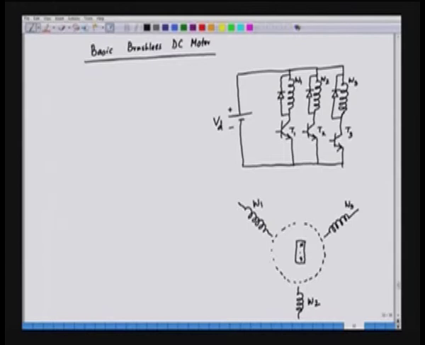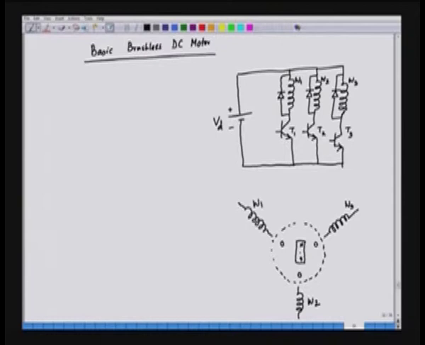All right, and in this case also, we have 3 optical encoders. We have an optical encoder, and we have 3 photo sensors, and we have 3 light sources.